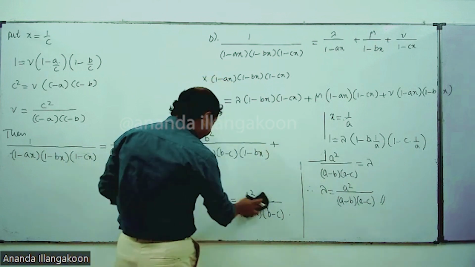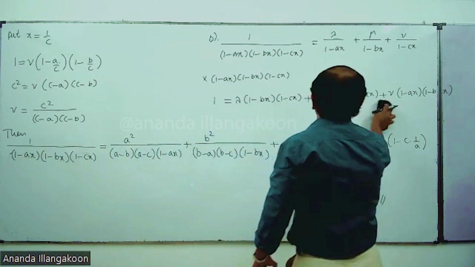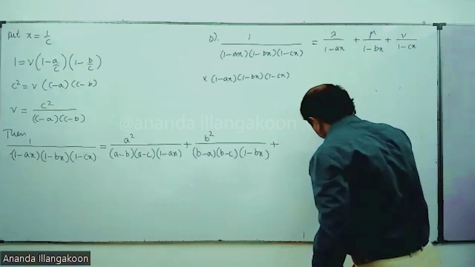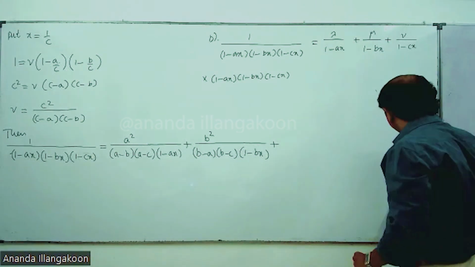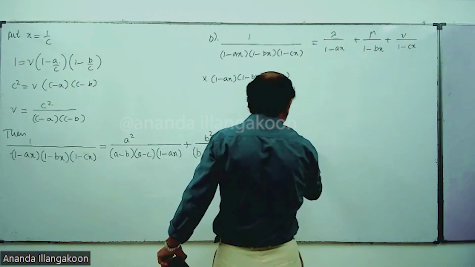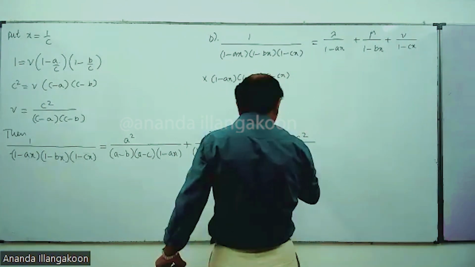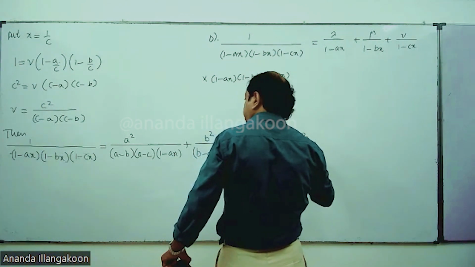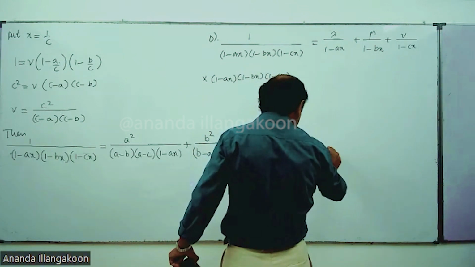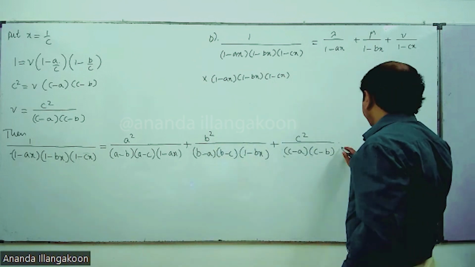Plus. Next one is nu. For this, it is c squared over c minus a, c minus b, right? 1 minus dx.